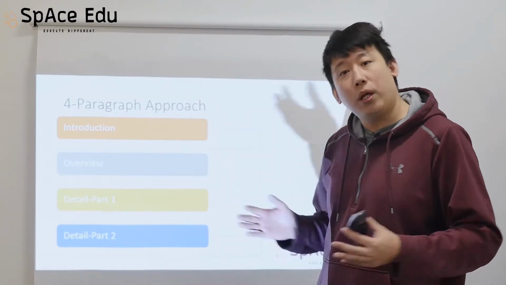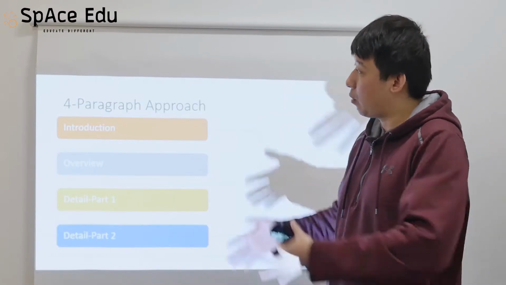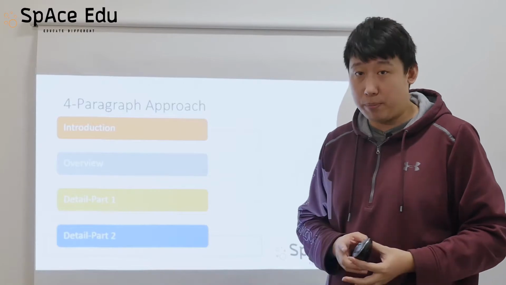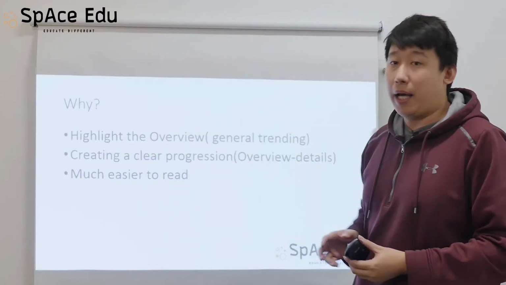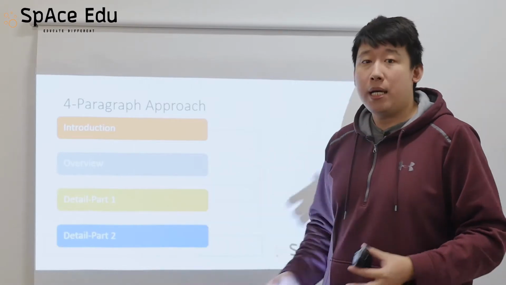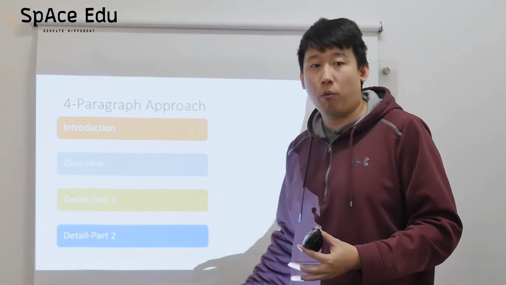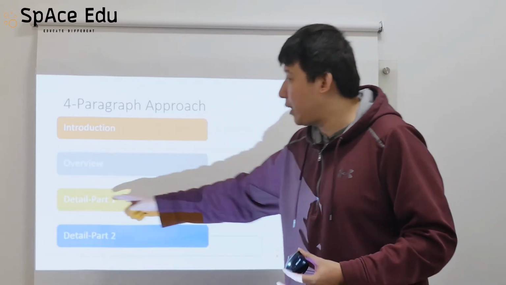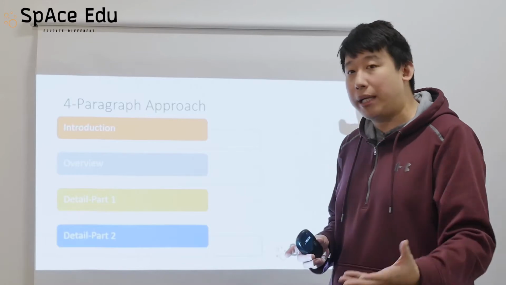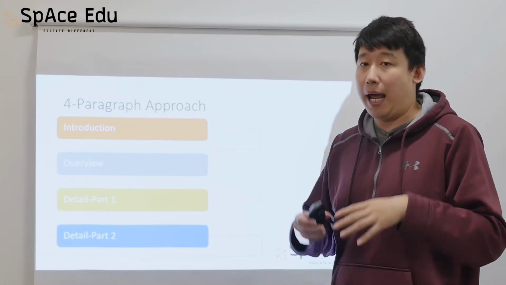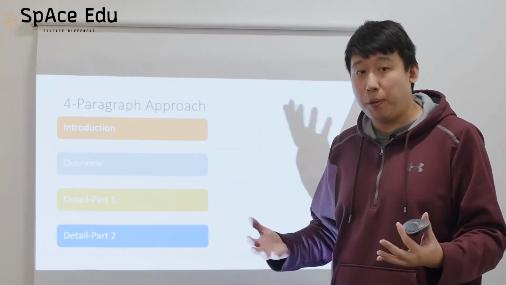What are the benefits of applying the 4-paragraph approach? First of all, we highlight the overview. Remember in the writing rubric, the candidates are required to present a really clear overview. By dividing the overview into a separate paragraph, it gives the examiner more space and a much clearer understanding of what you're trying to express in your writing.